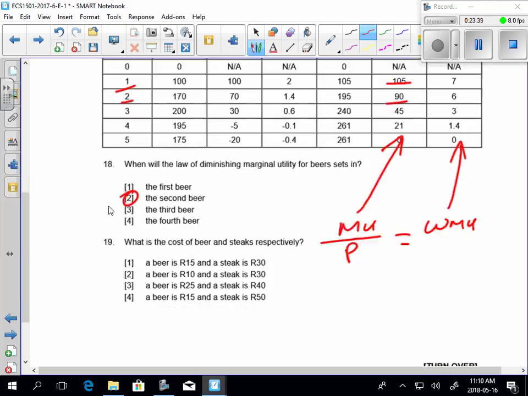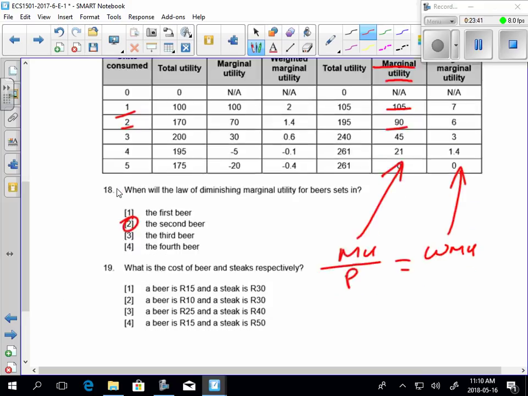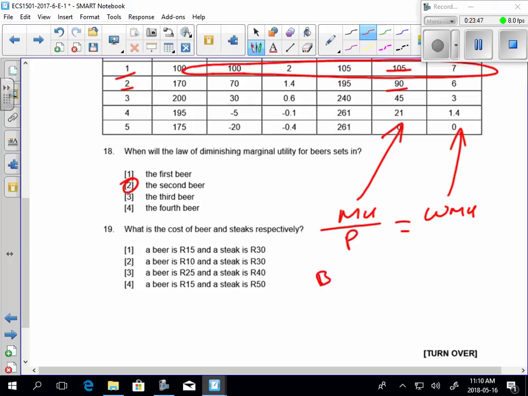So starting with beer, you can take any unit, it doesn't matter which one you take. I'm just going to take the first one over here. So for beer, your marginal utility was 105 over the price equals a weighted marginal utility of 7. So the price is equal to 105 divided by 7, and price should equal $15.